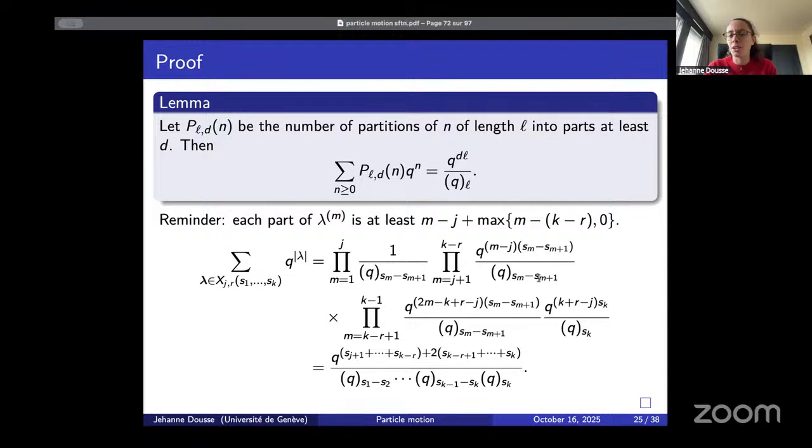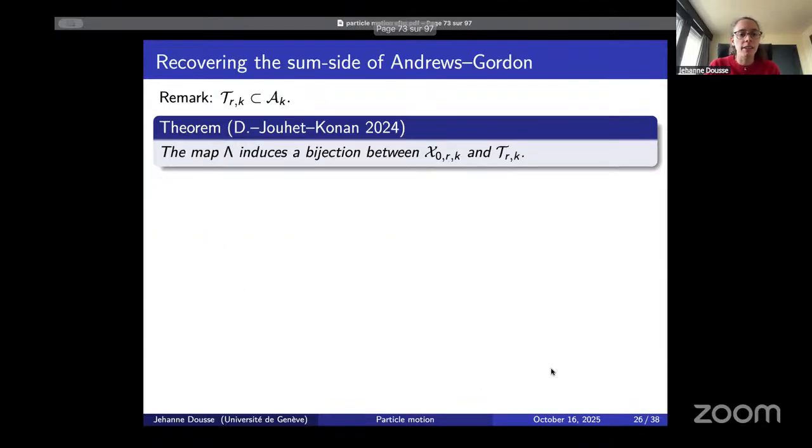When m is in this range, the parts will be at least m minus j, so we just apply this lemma with d equals m minus j, and we'll get this, etc. You have another case here, but when you combine all of this, what you get is this product, sorry. And so we have a nice formula for this.